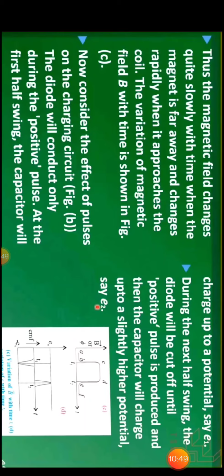During the next half swing, the diode will be cut off until a positive pulse is produced, and the capacitor will charge up to a slightly higher potential, say E2, as shown in the figure.